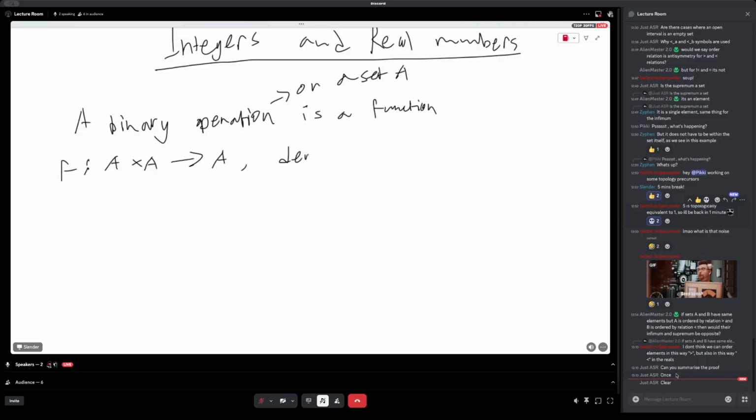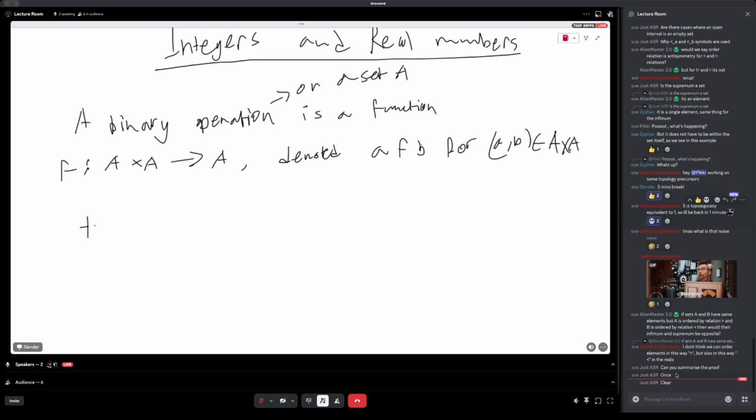denoted by a f b for this pair (a, b) in this Cartesian product. So that's what a binary operation is.